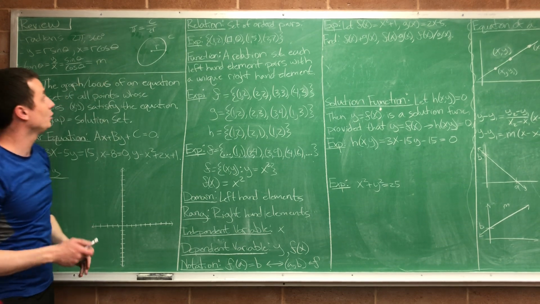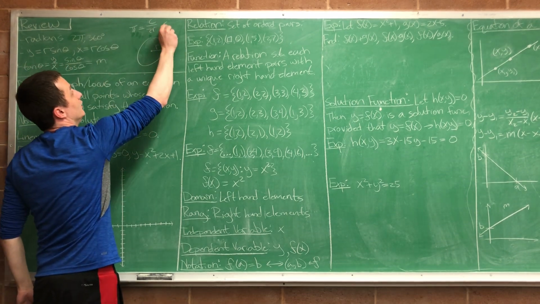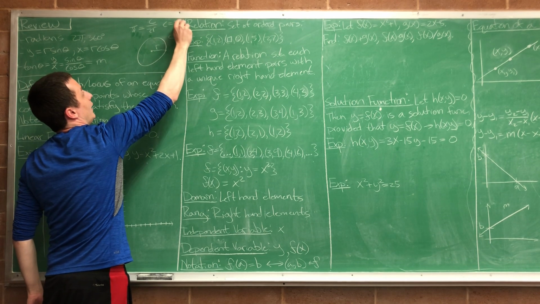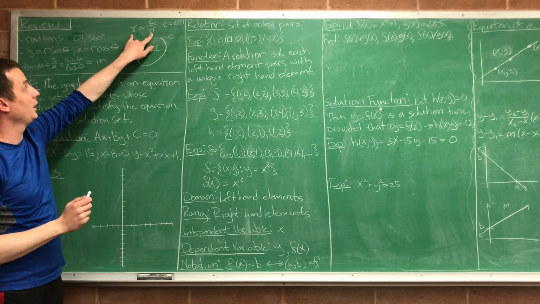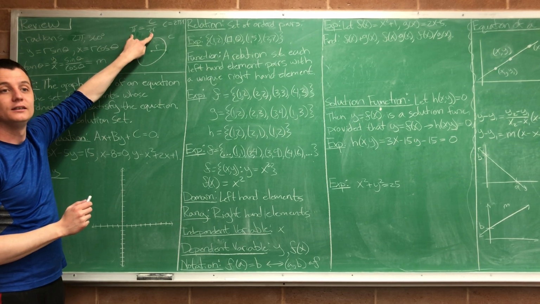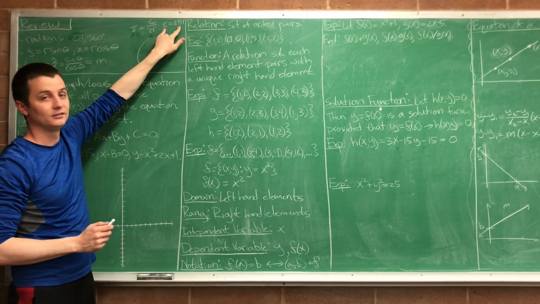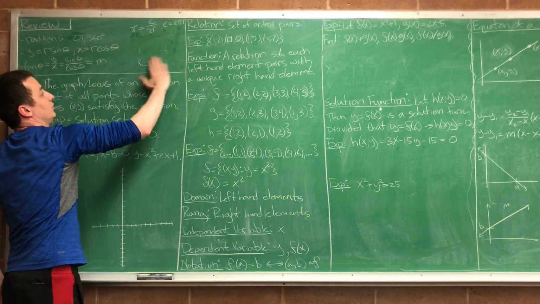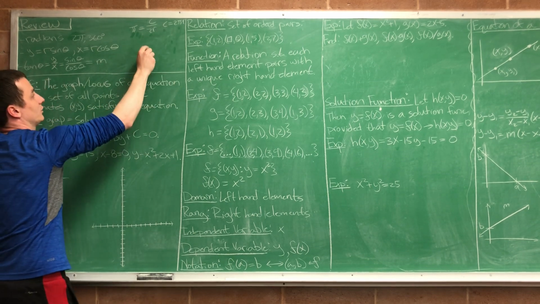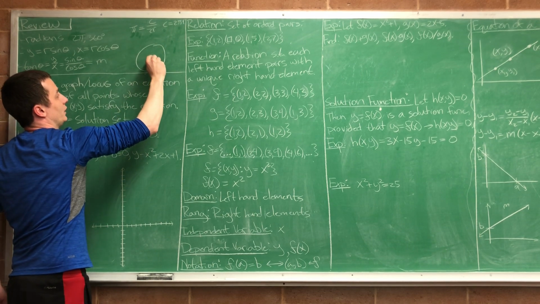Now, if we solve that equation for circumference, what do we get? Circumference is 2 pi r. Take this, multiply both sides by 2r, and we get this equation. Is everyone with me there? All right, so here's a circle with radius r.